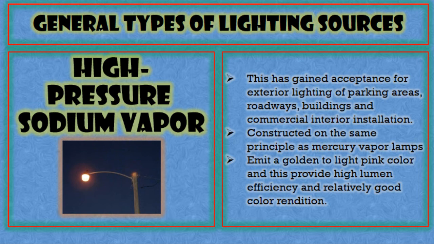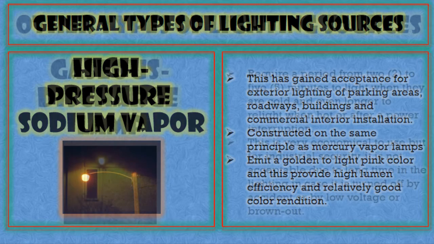So yun, just take note, itong pagkakaiba is more on golden color. Okay, golden color ang pinuproduce naman ng high pressure sodium vapor na meron tayo. And then yon, it can be used also in outdoors. And then we have here the next one, other types of lighting sources na meron tayo.